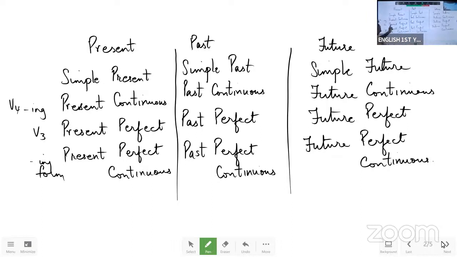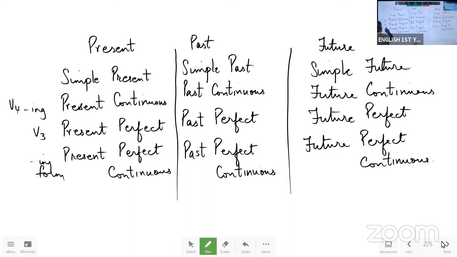Again, each is subdivided into four. Present tense, we have simple present, where we talk about the action now. The habitual actions also come in simple present. Present continuous, the action hasn't been completed and is still continuing, and for any action that is still continuing, we use the ing form.